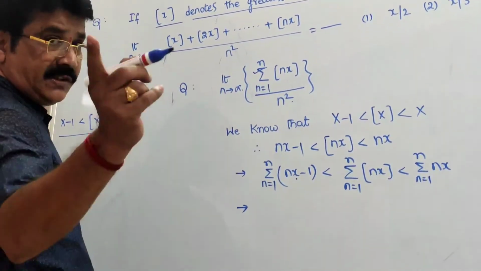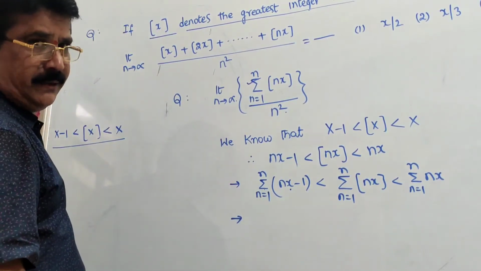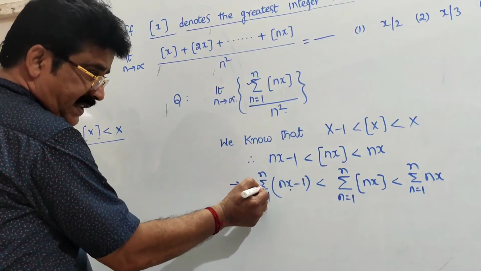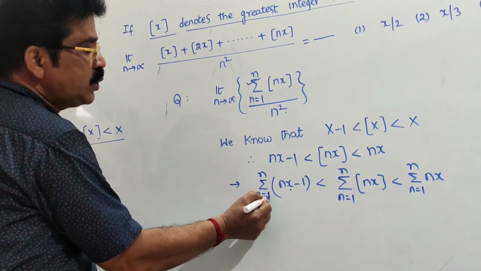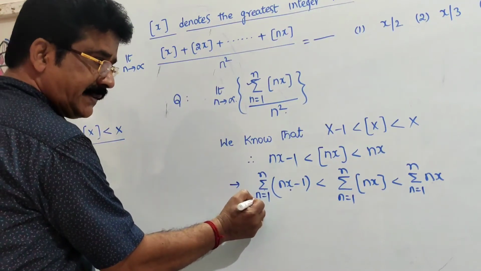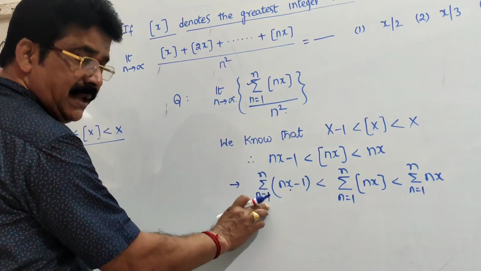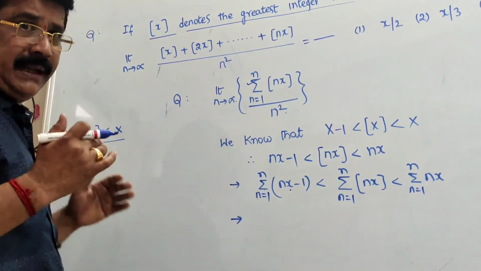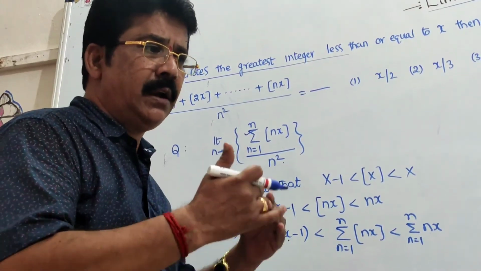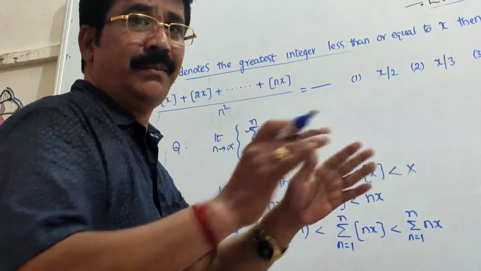That implies x is a constant with respect to the summation sigma. Do you know how? Sigma summation n goes from 1 to n, so sigma stands for n, not x. N is the variable, varying from 1, 2, 3, 4, 5, 6, 7 and so on up to n, but not x.